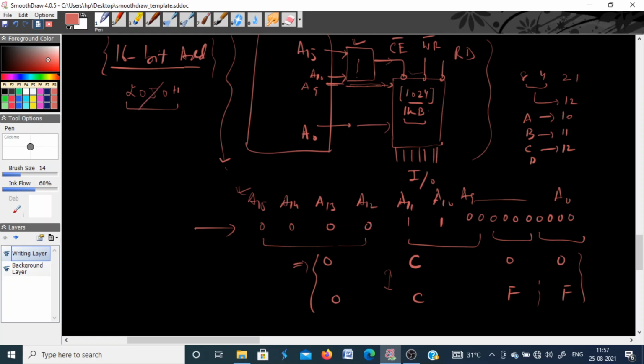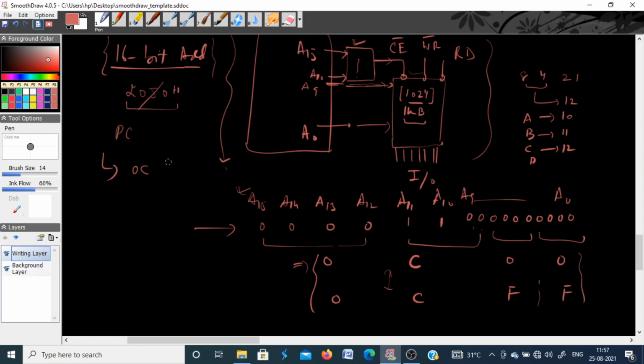Suppose I load my program counter with some address, starting with 0C, because C is now fixed. In the next case it can be 1 1 also here, it can be 1 0 also here, and so on.